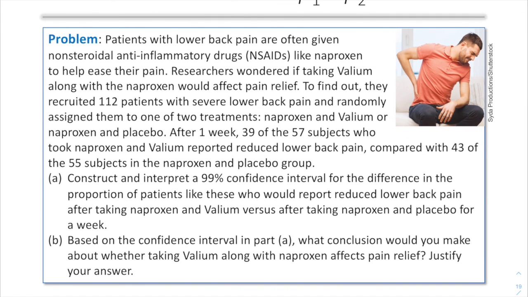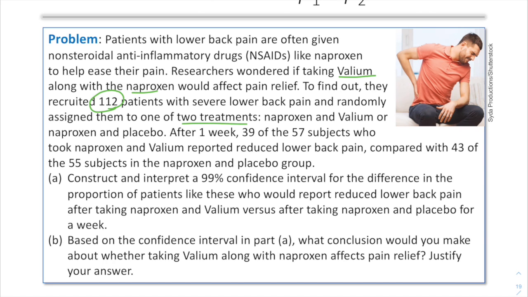So patients with lower back pain are often given an anti-inflammatory drug like naproxen. Well, they want to know if taking Valium with the naproxen would actually affect their pain relief, meaning making it better. So to find out, they have 112 patients. They put them into two treatments.